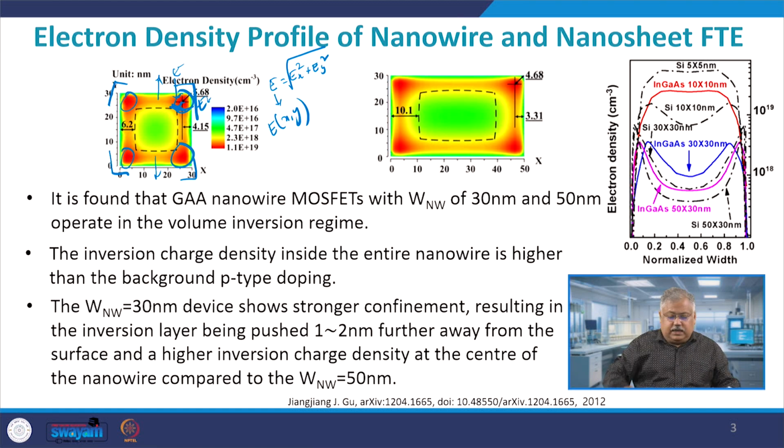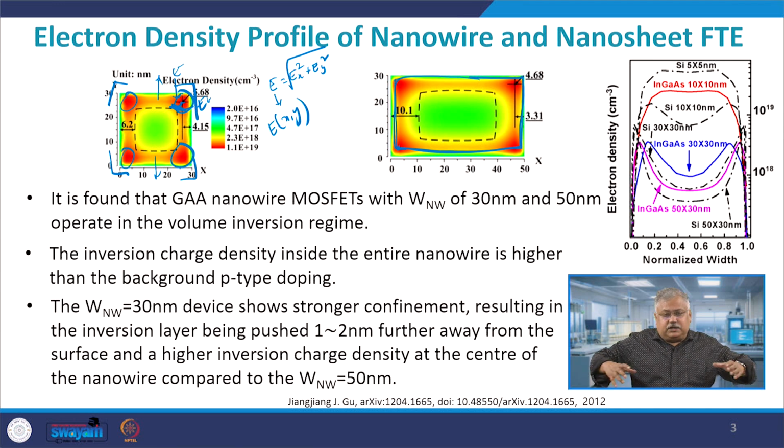Only the electrons which are moving at the periphery, those are flowing through edges, right? And as a result, they will be subjected to a large amount of scattering and mobility degradation, and therefore the current will fall down.